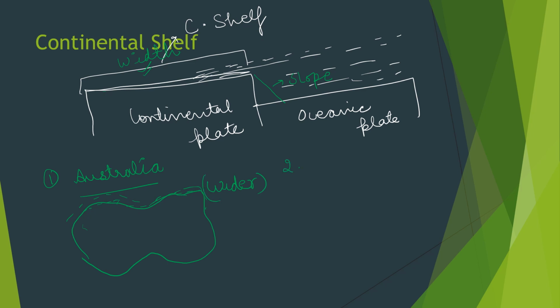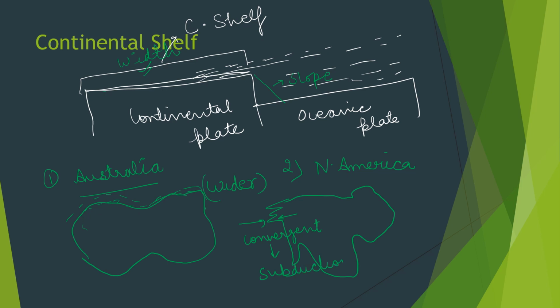Taking the example of North America, this is a convergent plate boundary. So due to the convergent plate boundary, subduction has already occurred here.